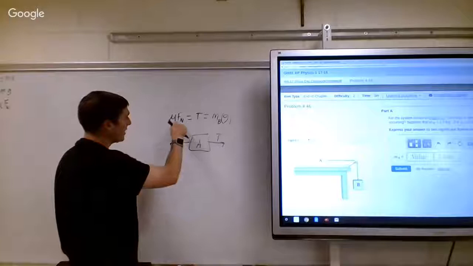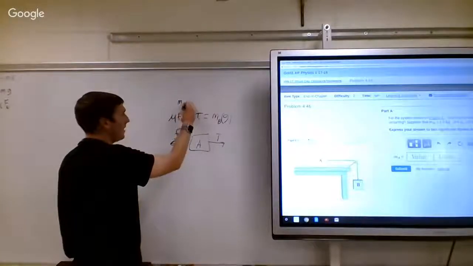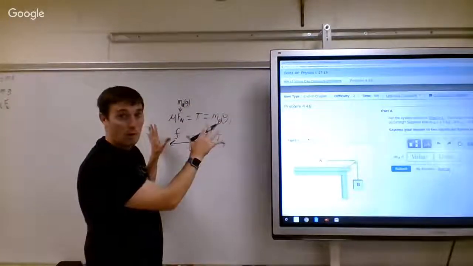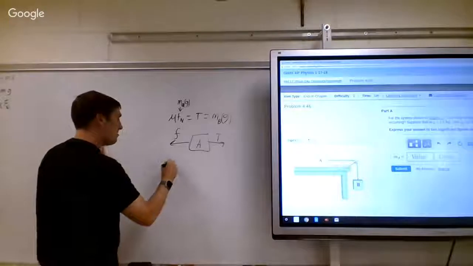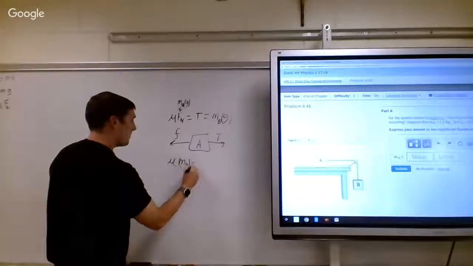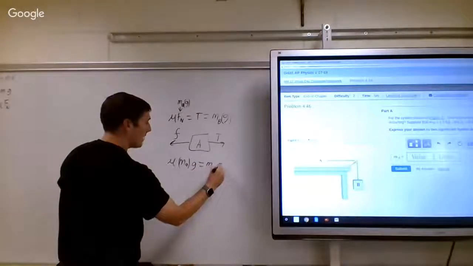So our normal force right here is going to be mA, that's an A, times g, right there. So I'm going to rewrite this now for what we just discovered there. So mu times mA times g equals the mass of B times g.